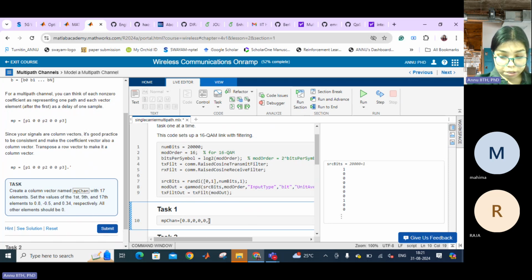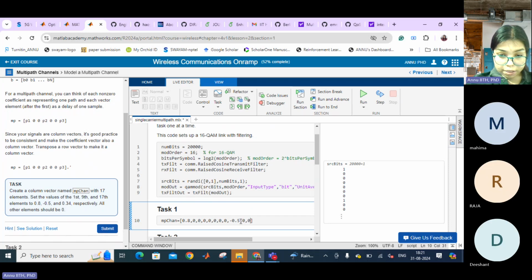So 1, 2, 3, 4, 5, 6, 7, 8, 9. MATLAB starts with 1. Next value is at 17: 9, 10, 11, 12, 13, 14, 15, 16.